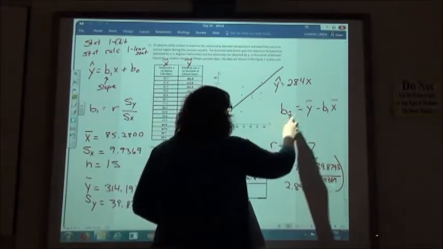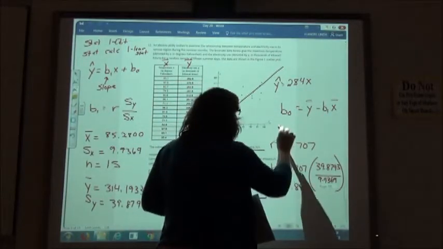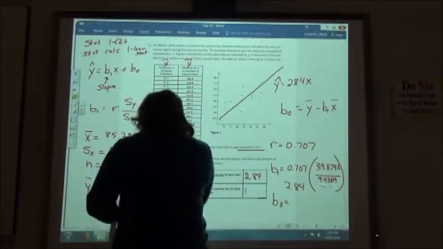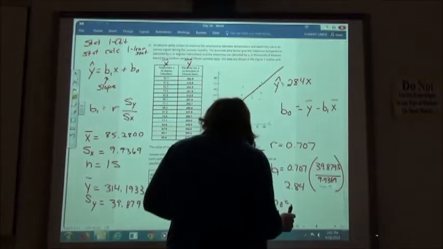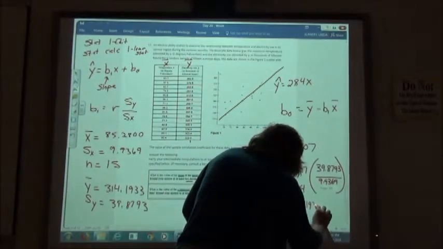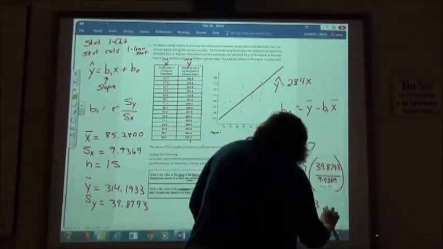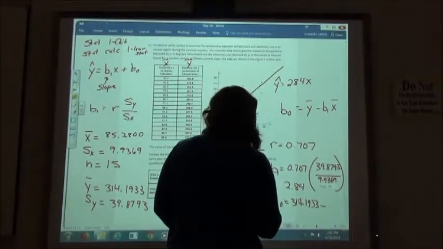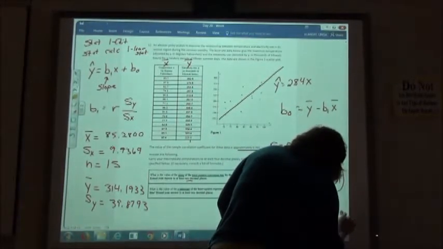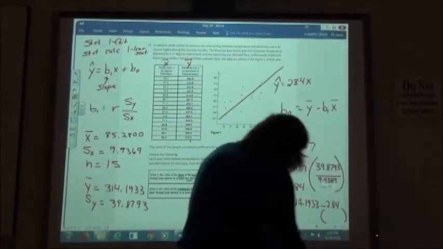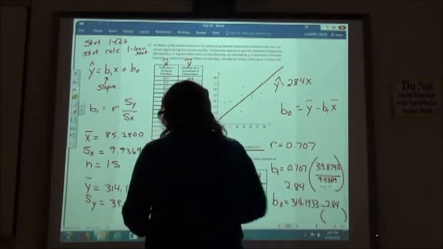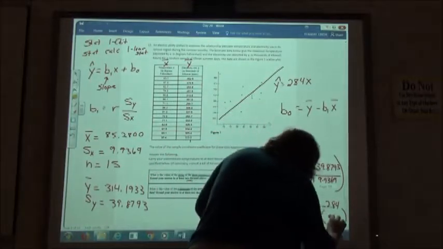So in order to calculate that out, I'm going to write it down here, b sub 0 equals the mean of y, 314.1933, minus the b1 value, which is your 2.84, times the mean of x, which is the 85.2800.